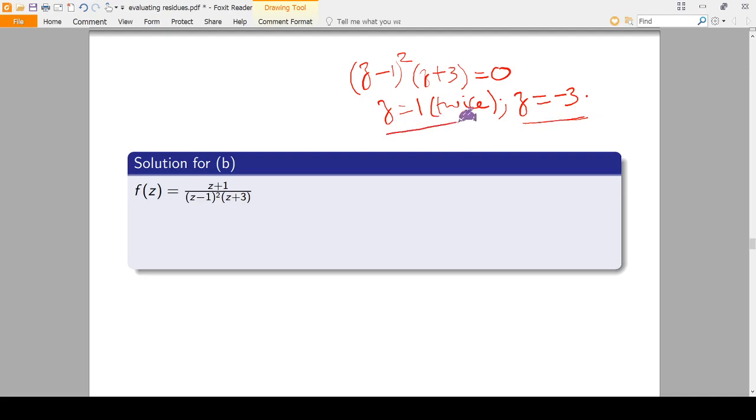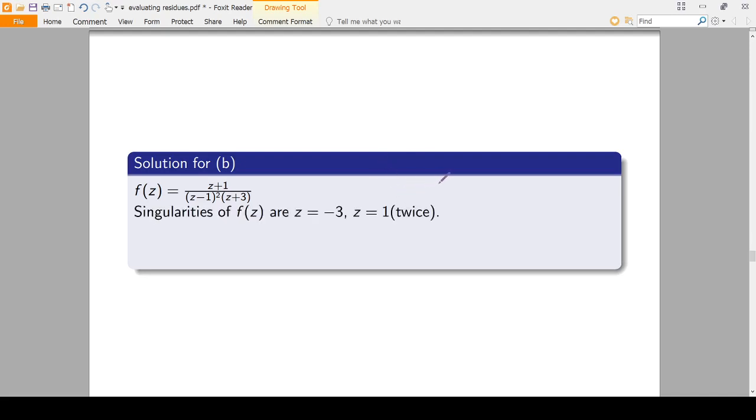And for z is equal to 1, I have to use the second formula for finding the residues by substituting m is equal to 2, because that gets repeated 2 times. So first we classify that z is equal to minus 3 is a simple pole and z is equal to 1 is a pole of order 2.